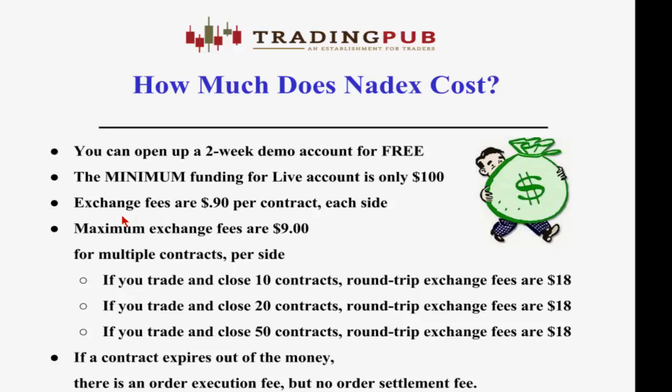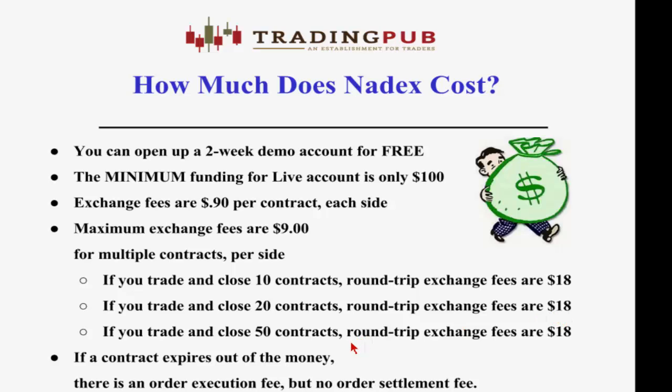You're not dealing with brokers, but Nadex makes money by charging exchange fees, and those are 90 cents per contract per side. And the maximum exchange fee that can be charged per trade is $9 for 10 contracts. So if you trade 10 contracts successfully, the round-trip exchange fee for opening and closing the trade would be $18. If you trade 20 contracts, it's still $18. If you traded 50 contracts, it would still be an $18 round trip exchange fee.